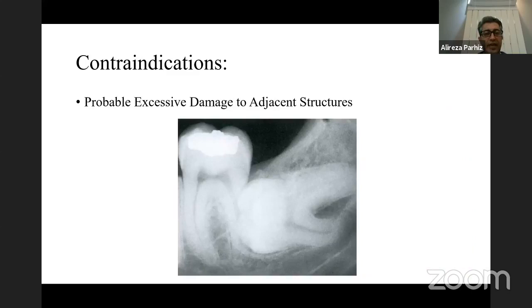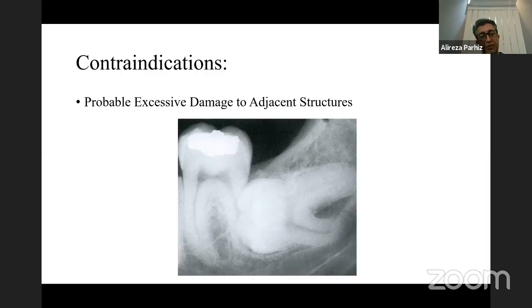Another contraindication is close contact between the impacted third molar and the vital structures of the mandible and maxilla. In the mandible, close contact to the inferior alveolar canal and the root of the second molar, as you see in this picture, makes this surgery almost impossible if you want to do it without any complications.